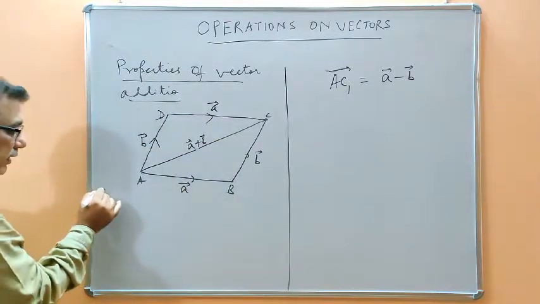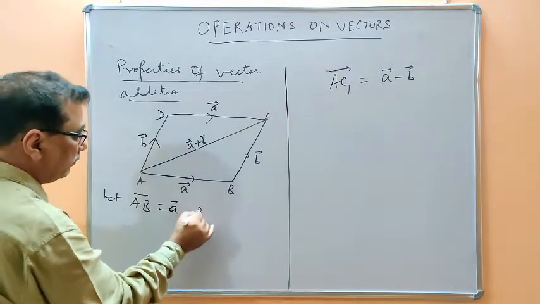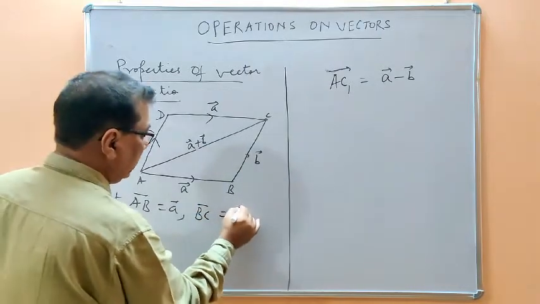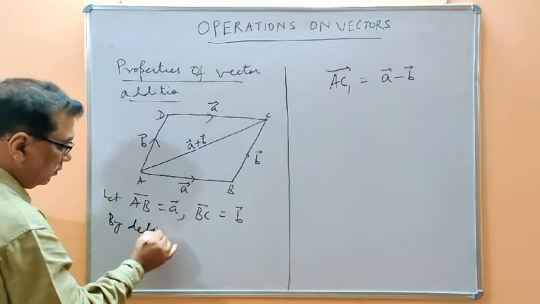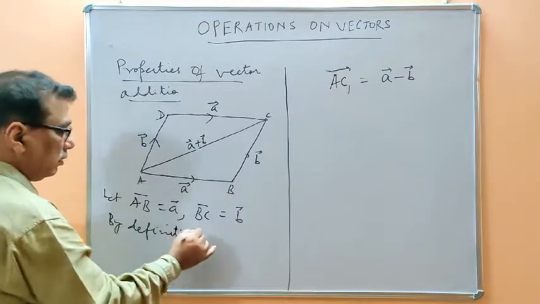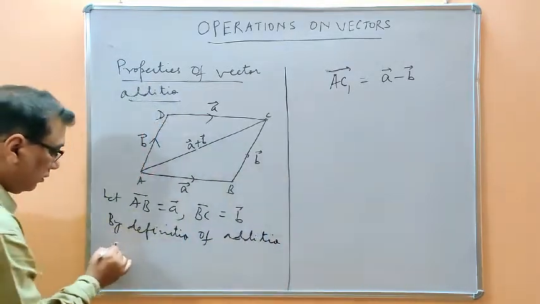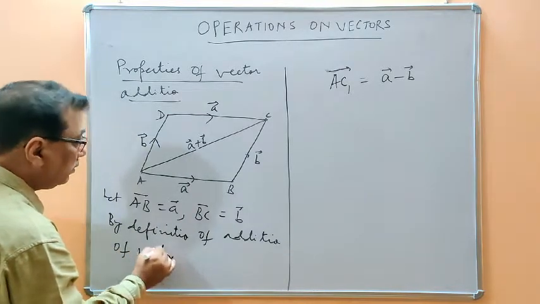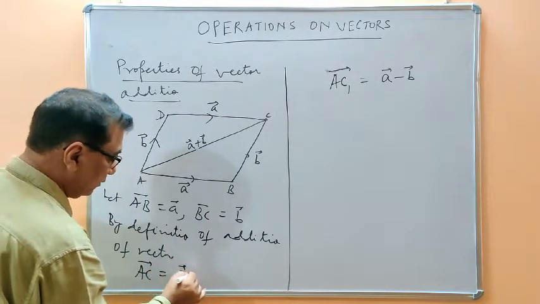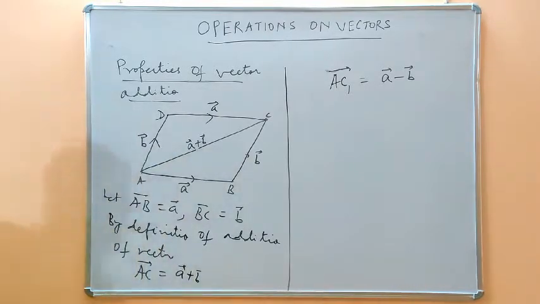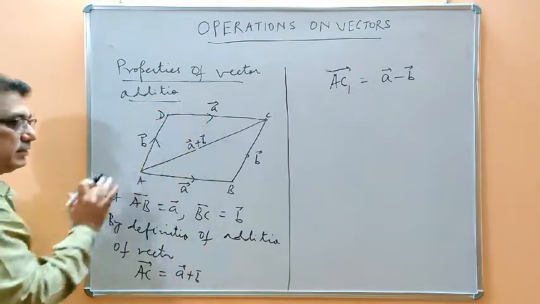Okay, so let AB be A, BC is equal to B. Then by the definition of addition of vectors, AC will be A plus B. Now let us follow these two vectors.